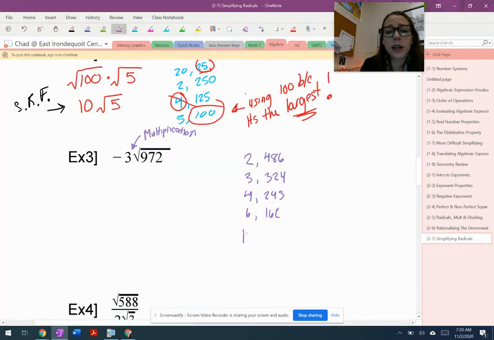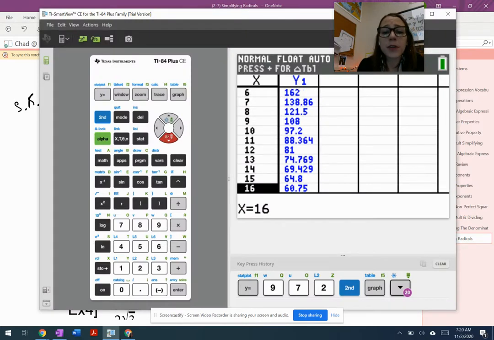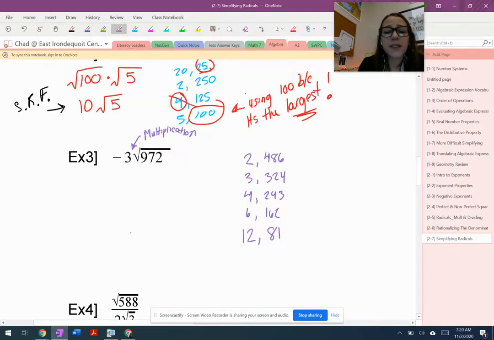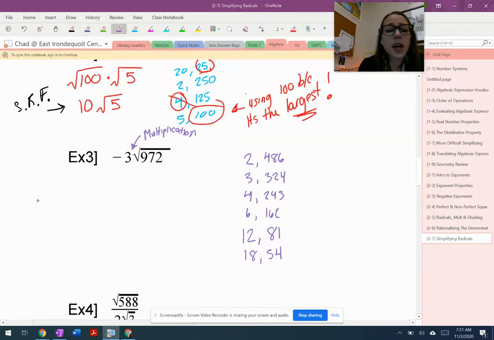12 and 81 is definitely a good possibility because I know 81 is a perfect square. And this is where, if you memorize some of those perfect squares, it's going to come in handy. 18 and 54, I don't know. It's not really going to help us, I don't think. 27 and 36.